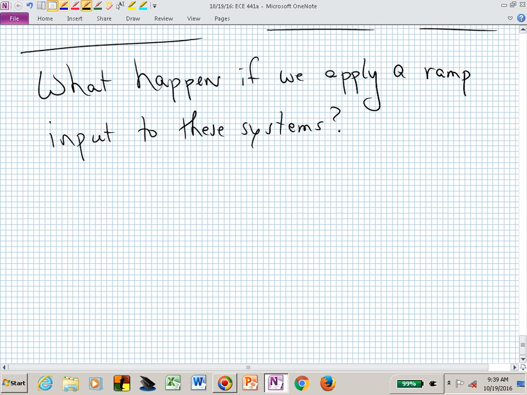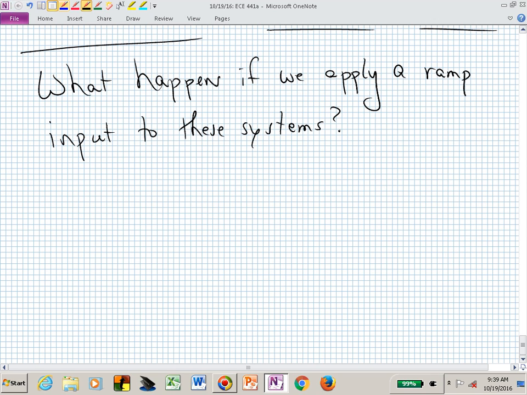Remember when we were dealing with this robot welding? We actually were able to have some finite or bounded error between the reference input, this triangular or sawtooth waveform, and the actual output. Would that have happened if we had a type 0 system?